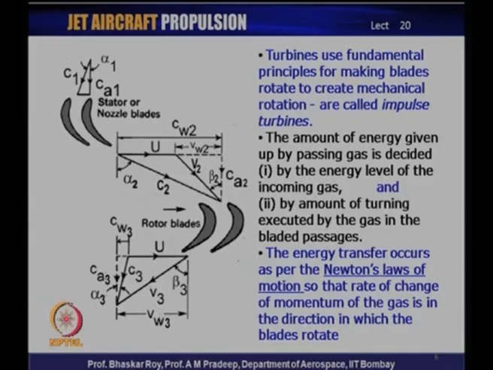This is an additional force in addition to the force that is created by the turning of the fluid. Now, turning of the fluid, as per Newton's laws of motion, gives you the basic force or the impulse force, and that is why it is called an impulse turbine. That impulse force makes the turbine rotate to begin with, and then the reaction force is the additional force that is now available by virtue of acceleration through the rotor.